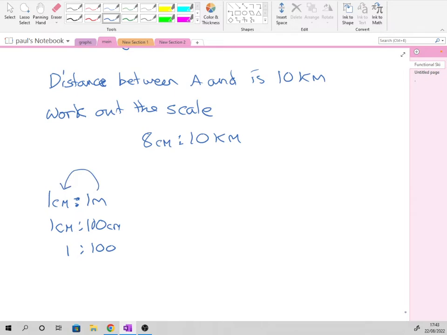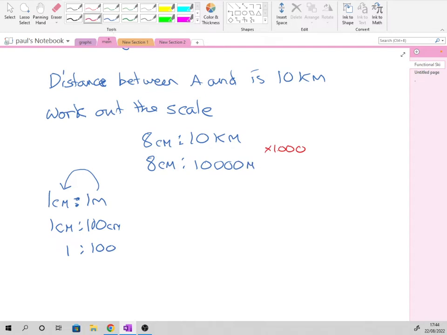So we're going to try and carefully lose the units. First of all, I'm going to leave that as 8 centimeters, and I'm going to change the kilometers into centimeters. I'm not going to do it all in one go. I'm going to change that into meters by multiplying it by 1,000. So I get 1, 2, 3 zeros.